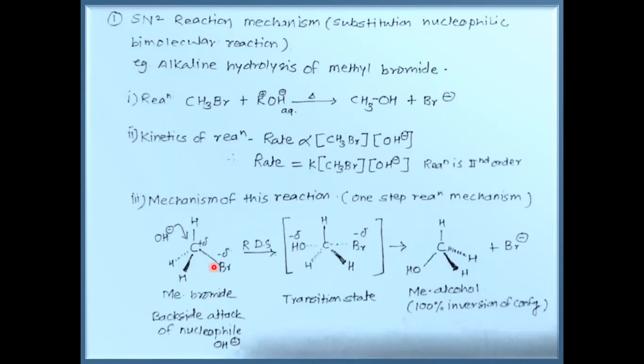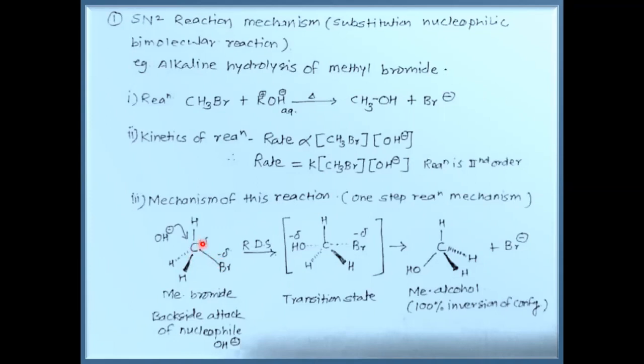But in the C-Br bond, bromine is more electronegative than carbon, so the shared electron pair is pulled towards the bromine side and it acquires partial negative charge, and the electron density moves towards bromine, so carbon acquires partial positive charge.